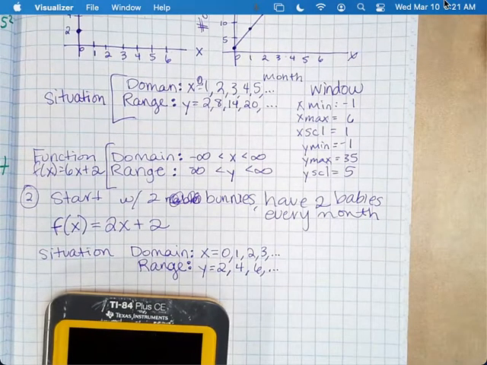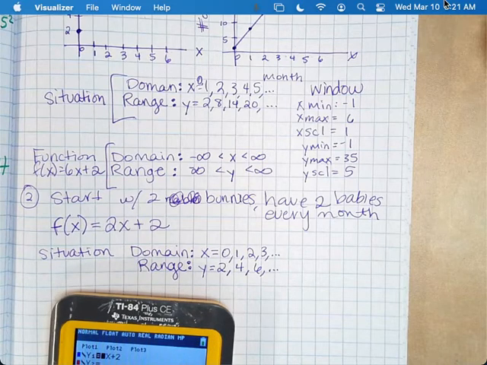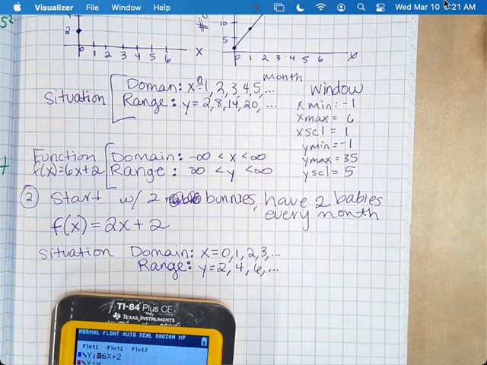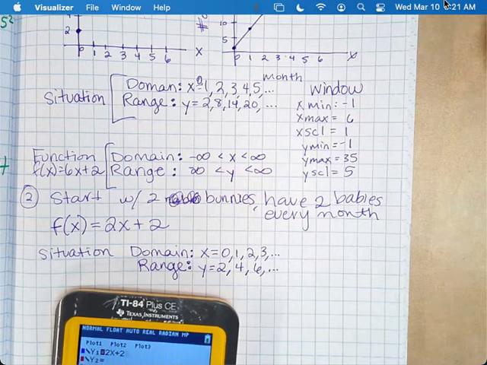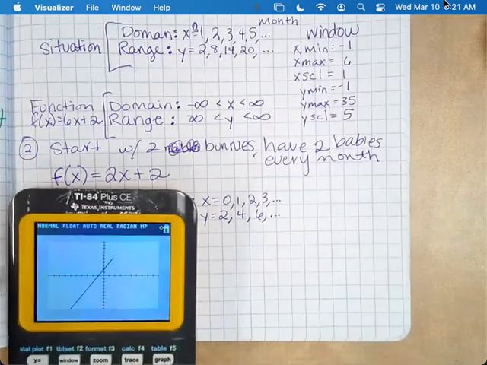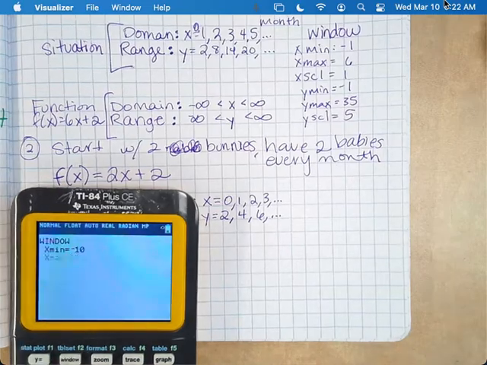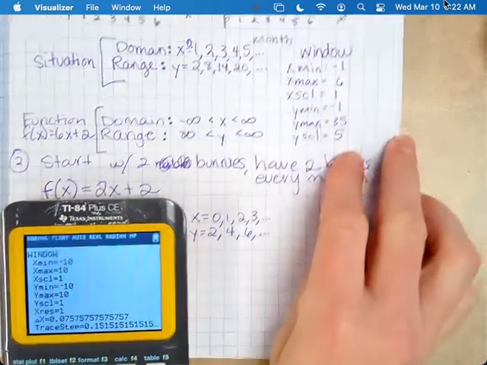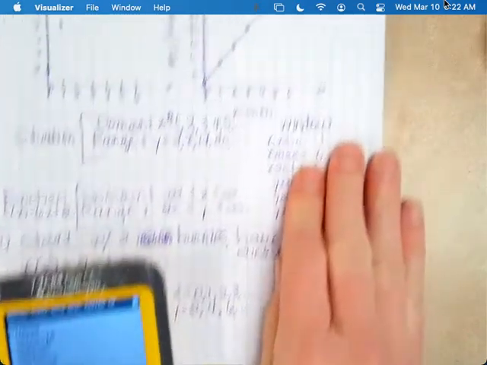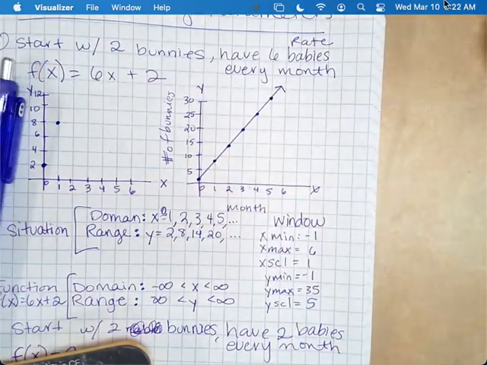Okay, so let's put this in. So 2x plus 2. We need to change our window, so let's change our window again. So go to window. Do you think this would be okay to use still? Like if I graph it on here, why don't we just graph it on here? That'd be easy.